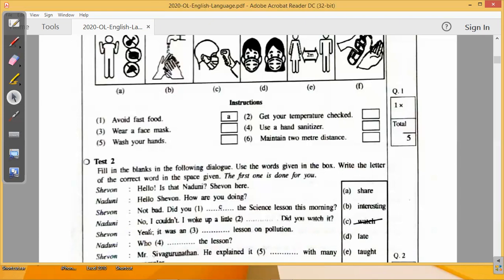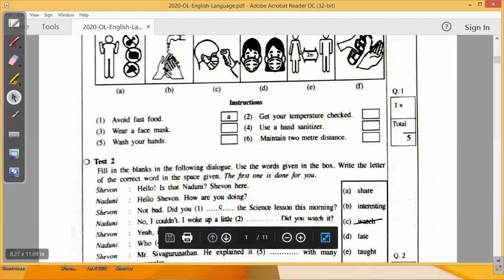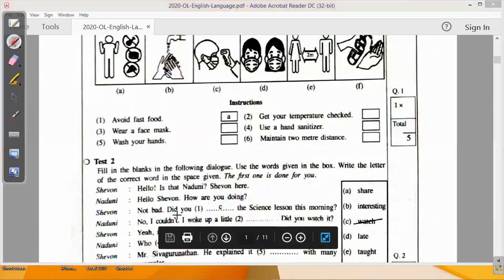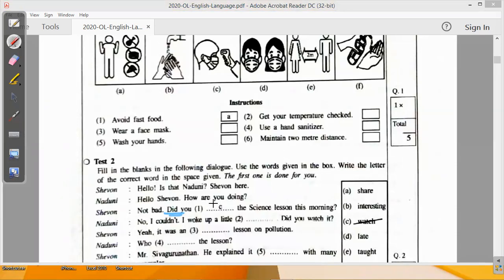Okay, then Siobhan says, not bad. Did you space the science lesson this morning? Right. What they have suggested as the answer was watch, right? Did you, as you know, if you have did, we should have a verb in the present form, in the sense the stem of a verb.